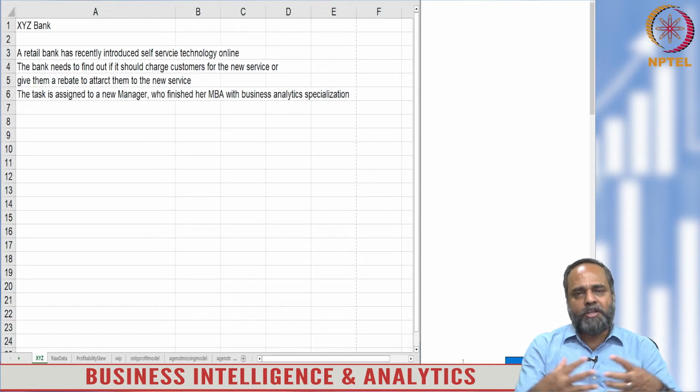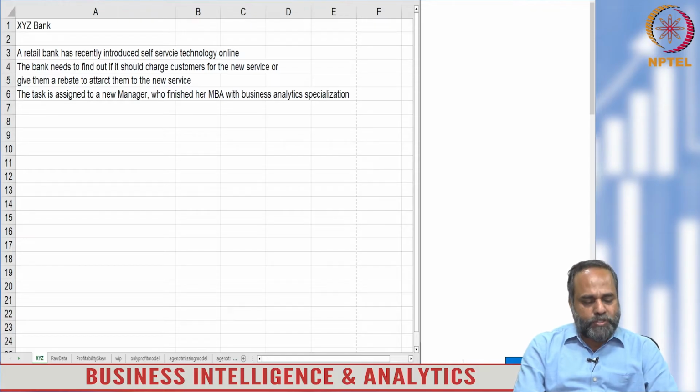So these are two arguments going on in the bank, and the decision makers need to take a decision: give a rebate or charge, that is the question.